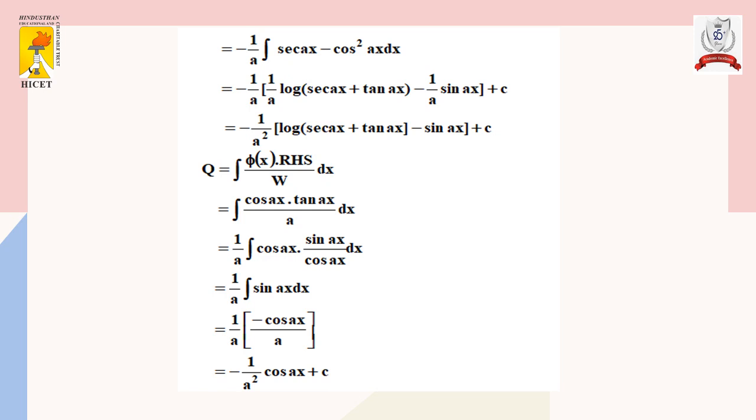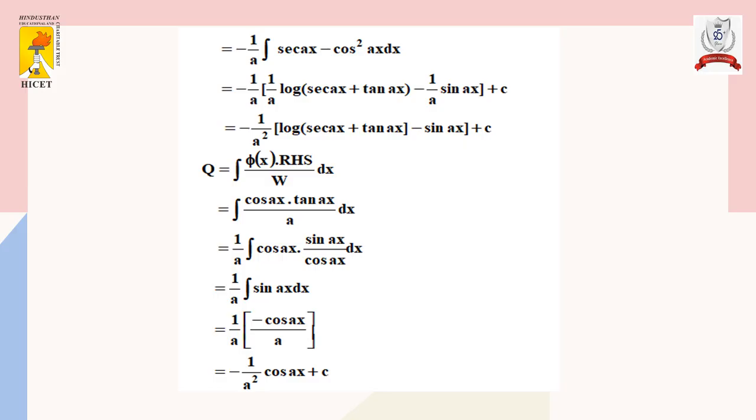Now we integrate, and we get minus 1 by a square into log of secant ax plus tan ax minus sin ax plus c. Now to find capital Q, equal to integral of phi 1 into the right side function divided by w into dx.